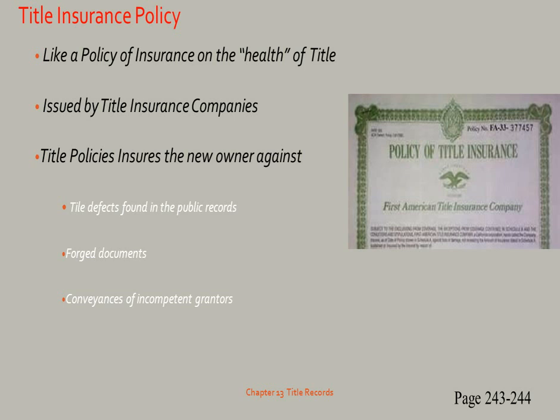So the title policy is issued to the owner, and the title policy is going to cover that property. So the owner pays for it. It covers the parcel in question, and then is delivered to the purchaser as evidence that the title is good title and it has been insured by a title insurance company.